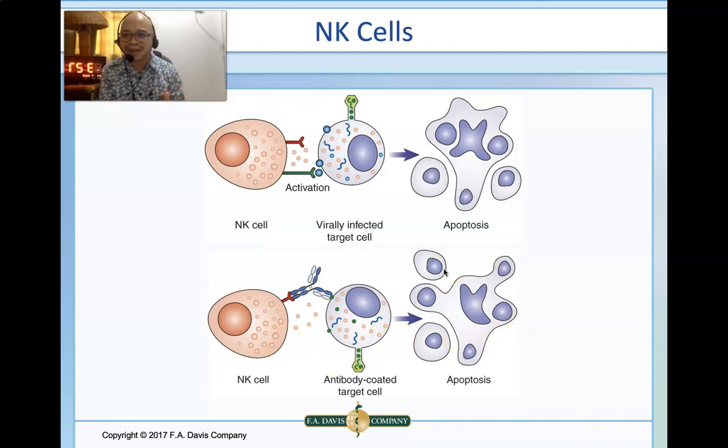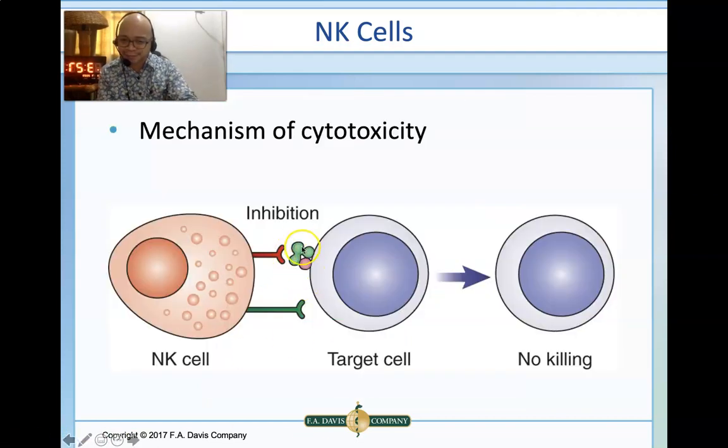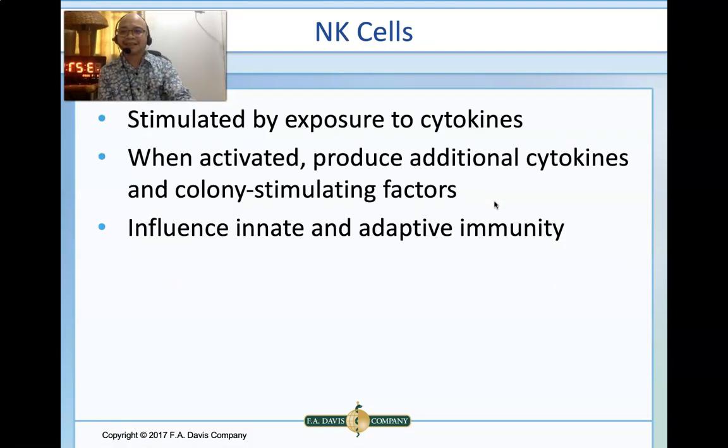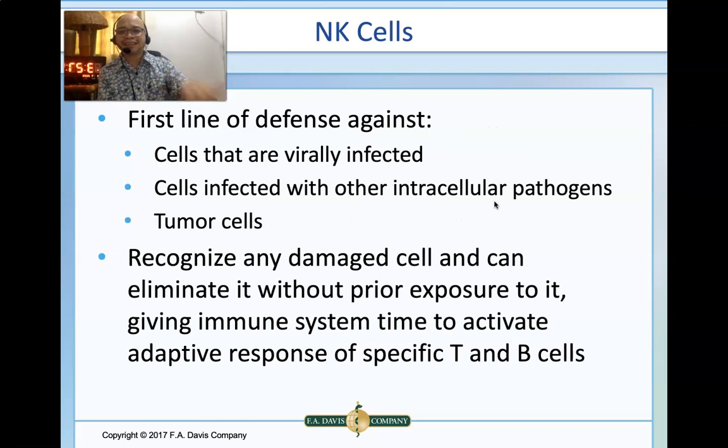Apoptosis is the programmed cell death. So we do not want to have any inhibition of the function of the natural killer cell, so that we'll be able to achieve the apoptosis of target cells. Again, target cells are cells that are virally infected, cells infected with other intracellular pathogens, and tumor cells.